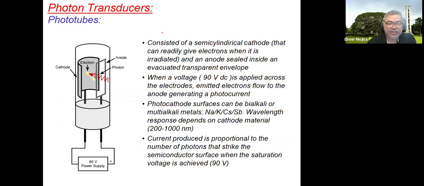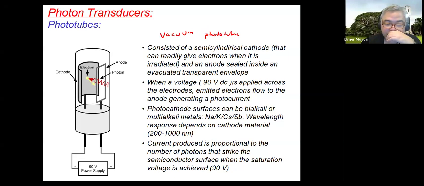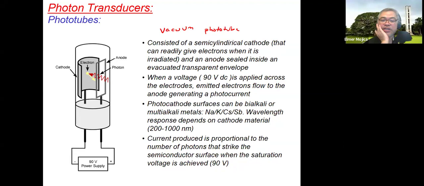We call it the phototube, or the vacuum phototube. Phototubes consist of a semi-cylindrical electrode that can readily give off electrons when it is irradiated.